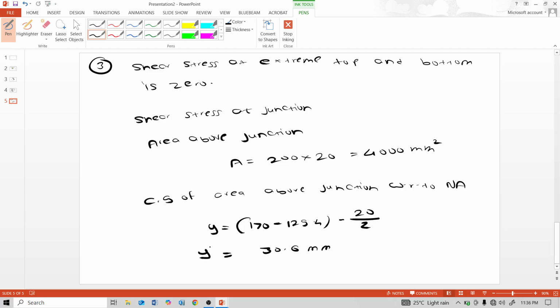This is the y distance. Now the width at junction B1 is equal to this 200 mm.